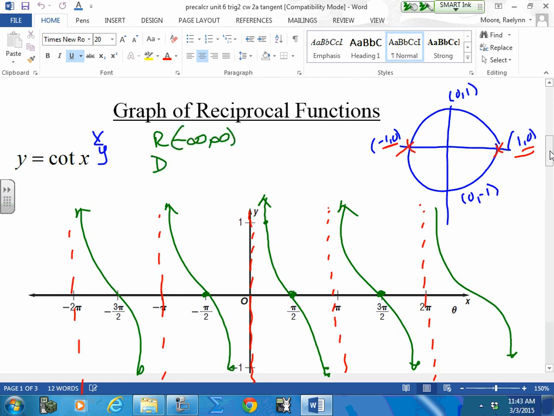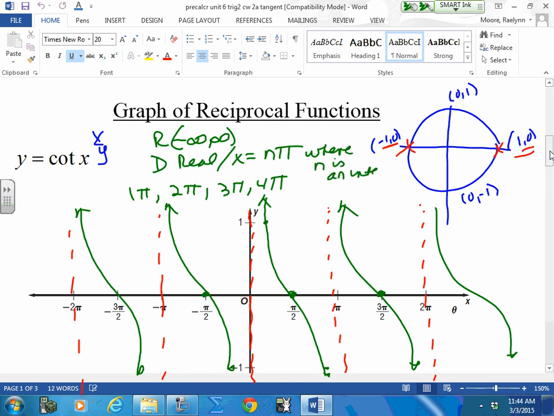Now, your domain says all real except when x is, tell me which ones you see that we can't use. Pi, 2 pi, what do you think comes next? This is 1 pi, 2 pi, 3 pi, 4 pi, oh, n pi, any number that's an integer, where n is an integer, not an odd, not an even.